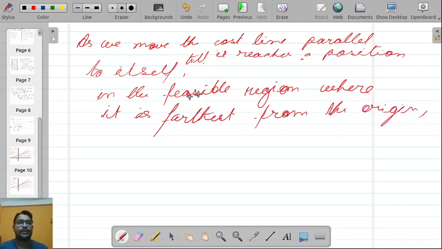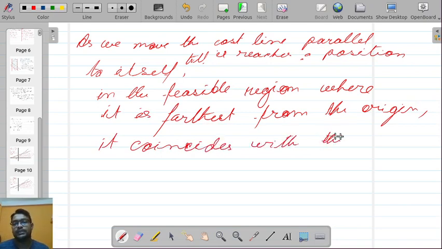It coincides with this line, minus x1 plus, what was that, x1 by 6 plus x2 by 2 equal to 1, right?